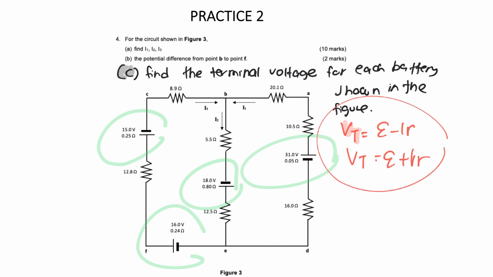Make sure that you use the correct direction first. If you get negative, fix the direction first, then you know whether it's charging or discharging. You look at whether it's moving from positive to negative in the circuit for discharging, or negative to positive in the circuit for charging.